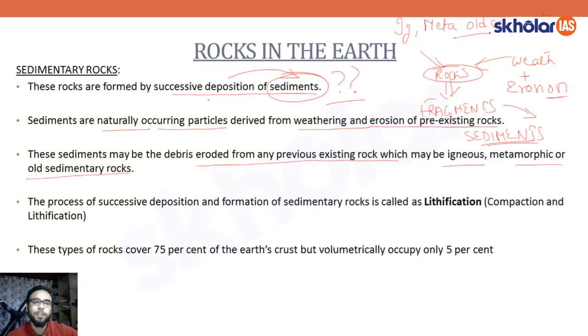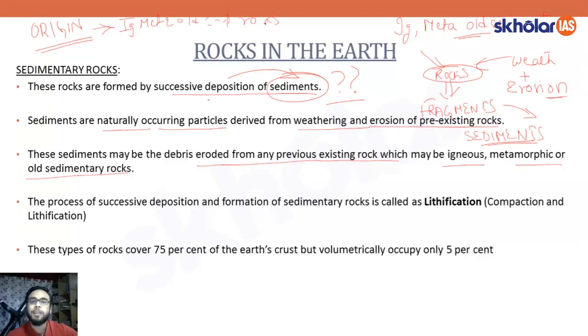Understood this point? So what is the origin of sedimentary rock? The origin of sedimentary rock is sediments, right? And where are we getting those sediments from? We are getting those sediments from rocks. What type of rocks? Igneous rock, metamorphic rock, as well as old sedimentary rocks. So we can state that the origin of sedimentary rocks can be igneous rock, metamorphic rock, as well as old sedimentary rocks.